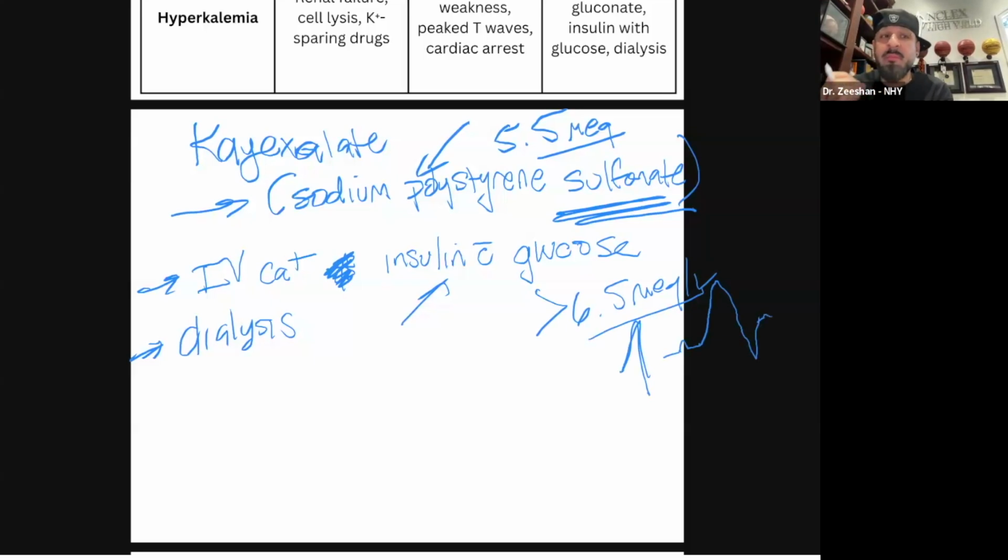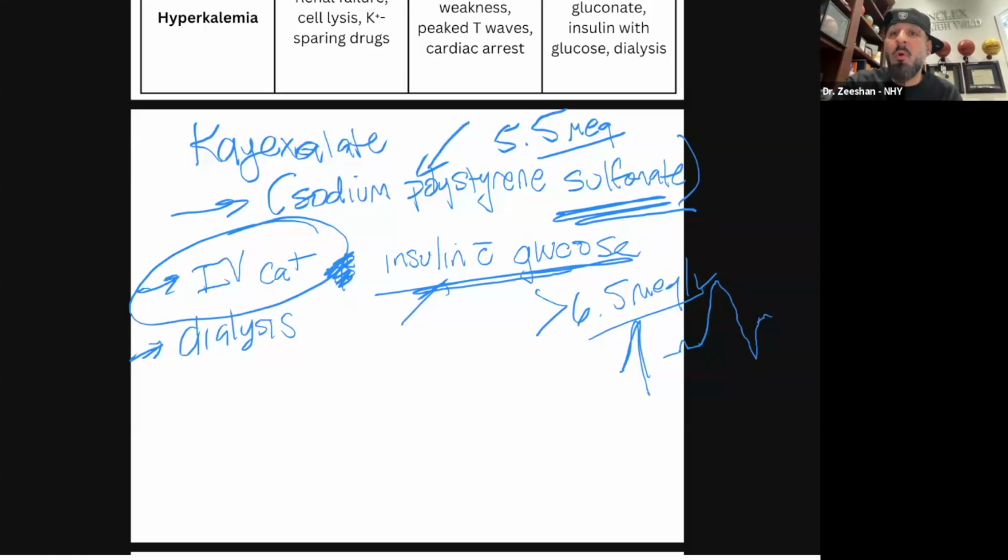Now we've got to do something more aggressive. This becomes life-threatening hyperkalemia. So now we must do an immediate intervention, and your options could be IV calcium, insulin with glucose, or dialysis.